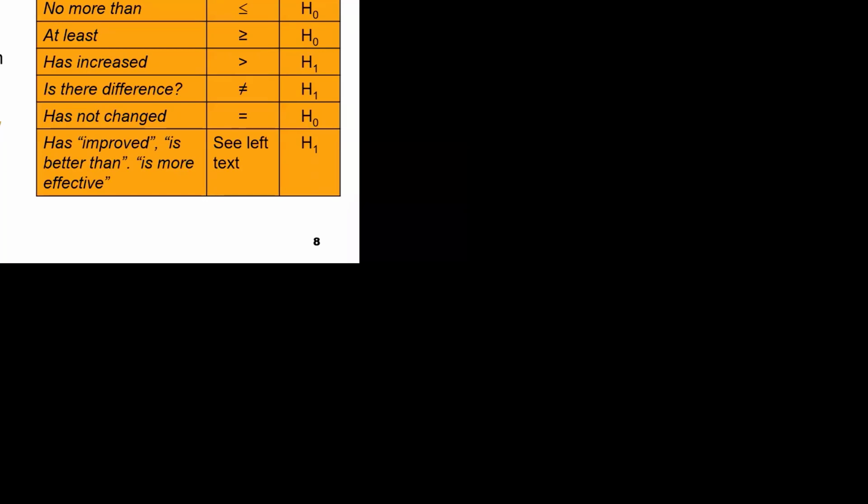When you are doing problem solving in hypothesis testing, watch out for keywords and convert them into symbols. Some of the keywords that you might see in problems include the words improved, better than, as effective as, different from, has changed. By the way, this list is not exhaustive, meaning there are other words that can be used, but these are the common ones.